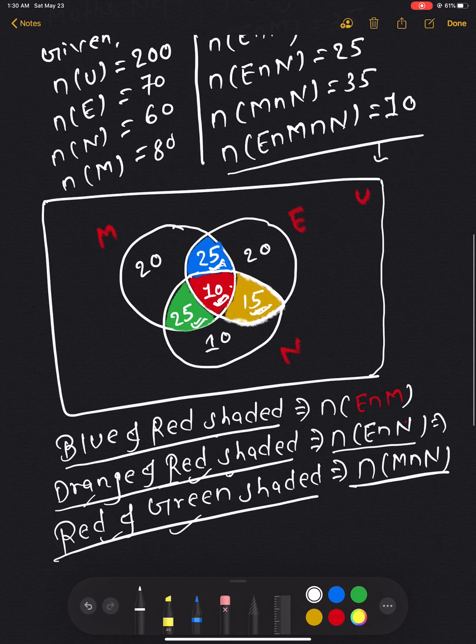So now you have M, N, E. So now look at these sets, add all the digits that you see inside these three sets: 25, 20, 25, 25, 10, 20, 15, 10. That gives you the union of three sets.